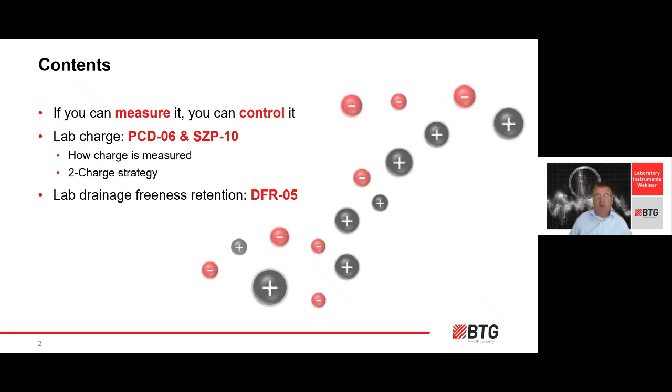So by that, let's start with some content, not losing time. Here you can see a rough overview of what we want to go through today. We want to start with the slogan, if you can measure it, you can control it.